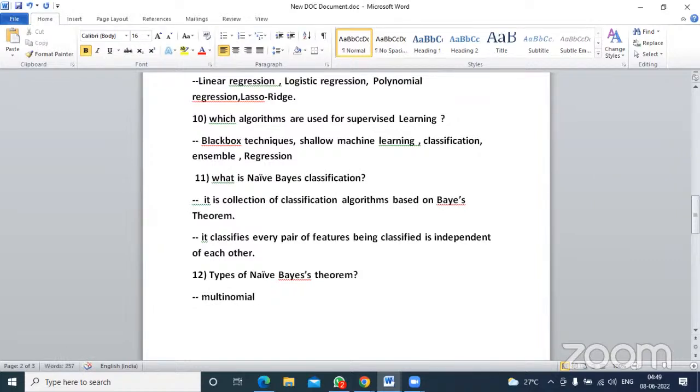There is multinomial naive Bayes. There is Bernoulli naive Bayes.